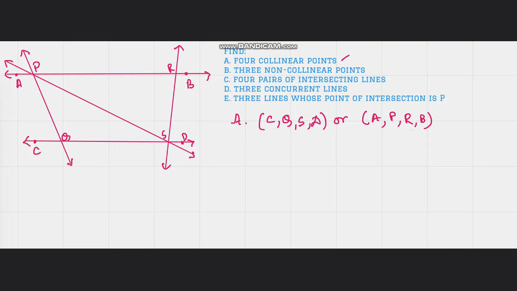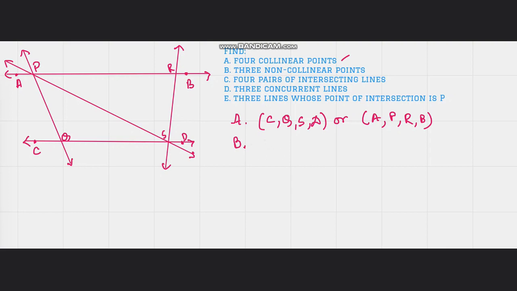Now the second part: you have to find 3 non-collinear points. Non-collinear points means points which don't lie on the same line. So if you take a look, point A, point Q and point B, or you can take any other points also, like P, S, B. You can take any example of 3 points which don't lie on the same line.